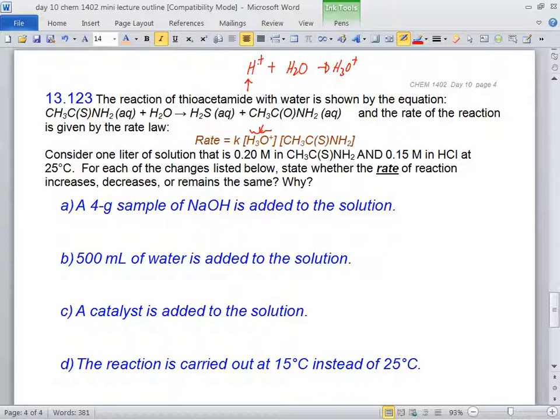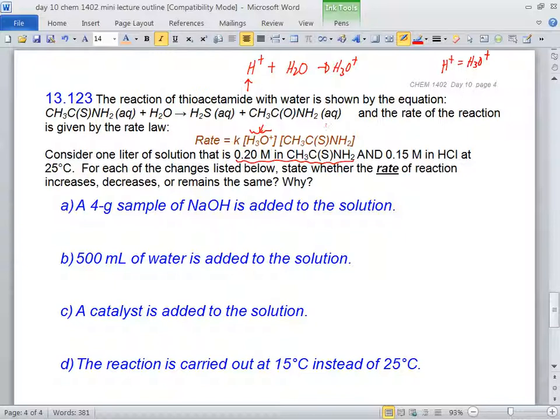So technically we should be writing H3O plus always instead of H plus, because that's what they believe is going on. But you get the same chemistry and the same predictions just by writing H plus, and it's easier. So that's really just so that you recognize that H3O plus is the same thing as H plus. They're exactly equal.